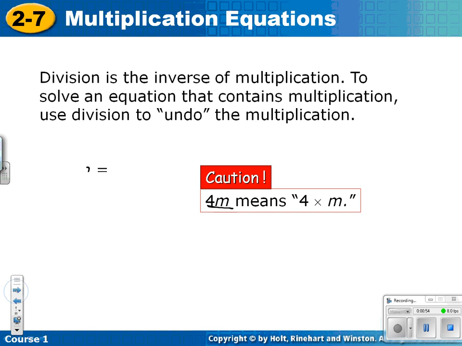Let's see what they've got for us. 4m equals 32. You're going to have problems like this. Leave your whiteboards down for a second. Let me show you how I would like to see this done on your homework assignment. 4m equals 32. What is happening to the letter in this situation?